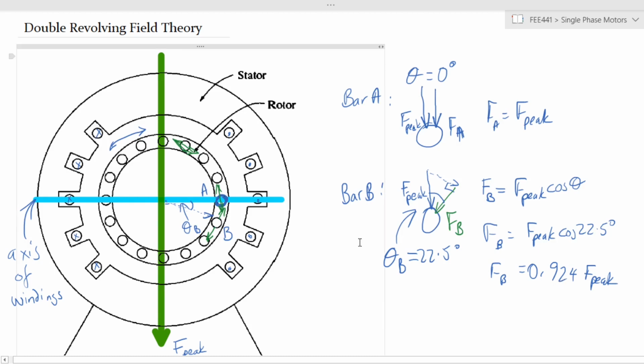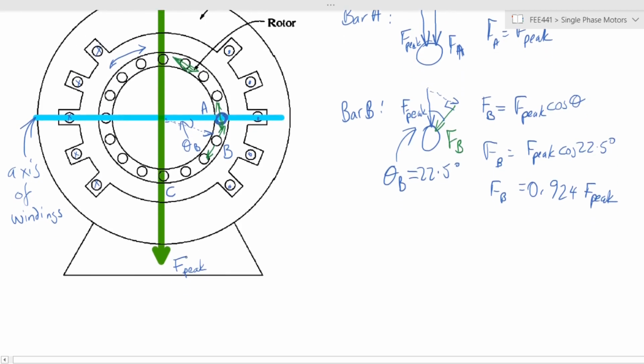Okay. If we take a bar C, let's call it bar C, it is in a position such that F peak is in that direction, but it is only free to move at a 90-degree angle to F peak, right?